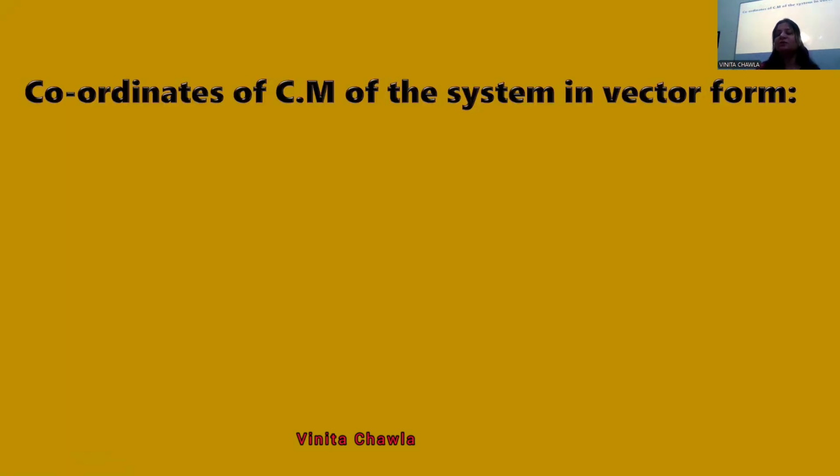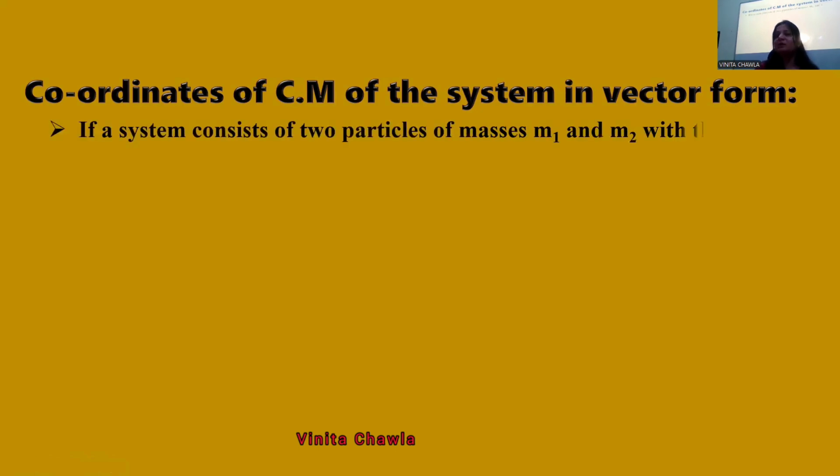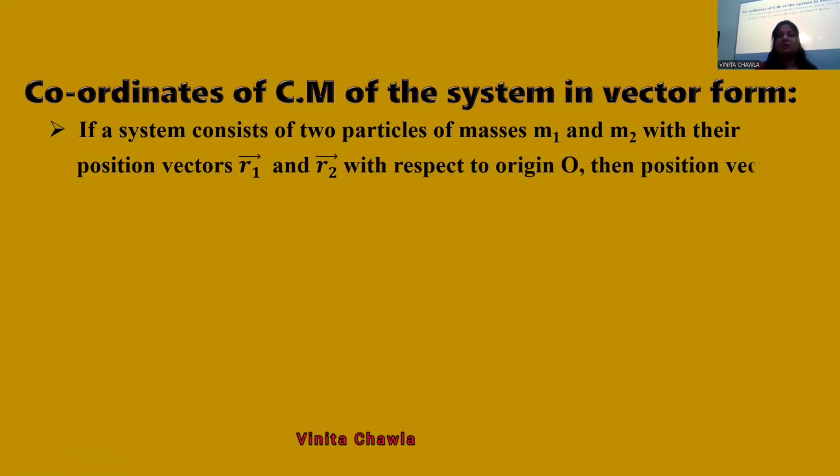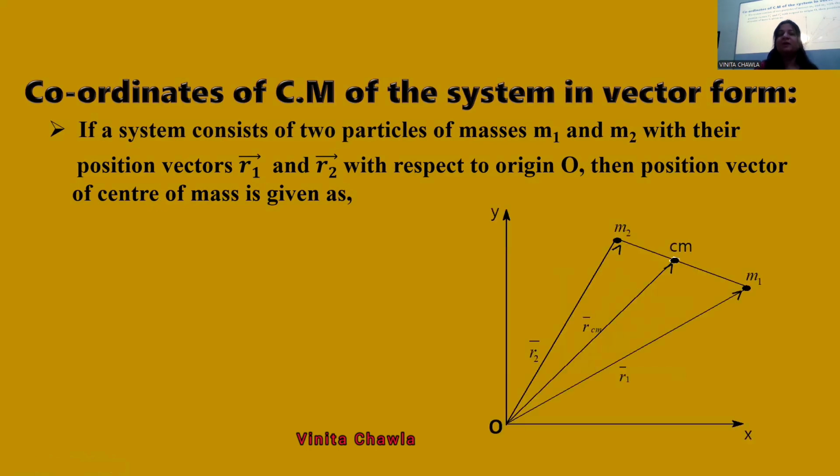And coordinates of center of mass of the system in vector form. See, if a system consists of two particles of masses m1 and m2, and position vectors are given, vector r1 and vector r2 with respect to origin O, then the position vector of center of mass is given as RCM. We are considering these two particles, m1 and m2.